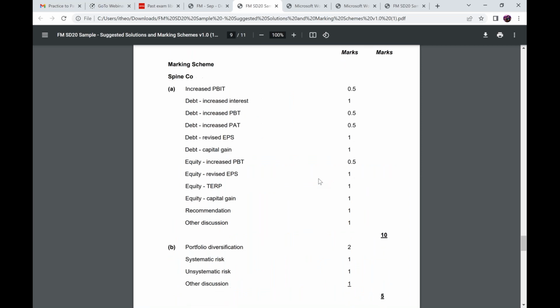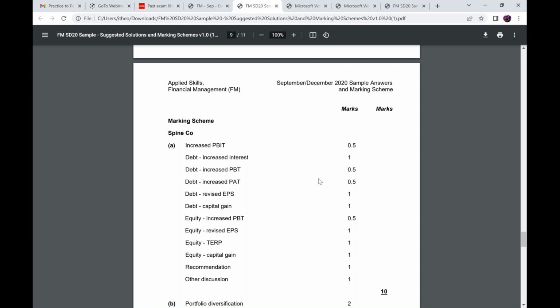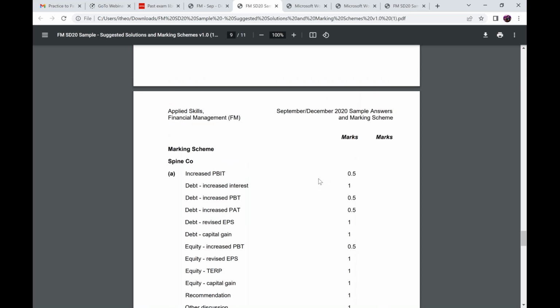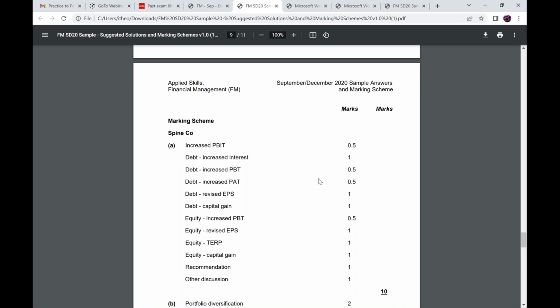In fact, it's mentioned here. PBIT increased 0.5 mark, interest increased, PBT increased, PAT increased 0.5, debt revised EPS, then capital gain. Instead of capital gain, we computed share price, so we got the mark there.